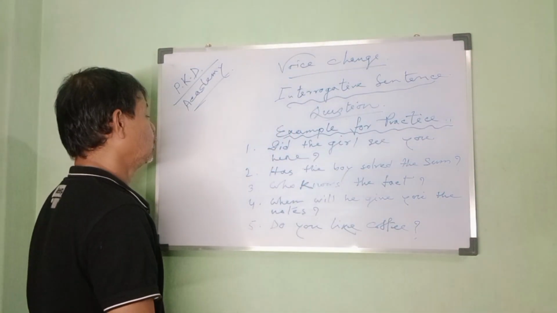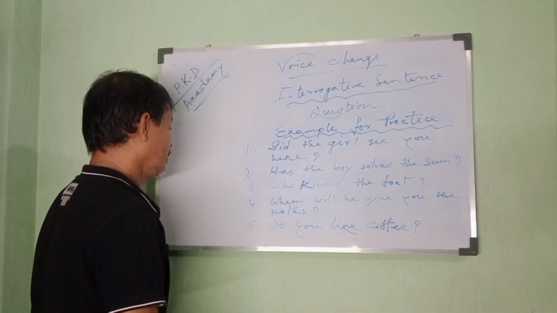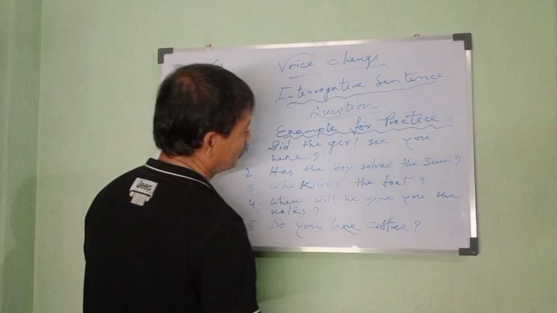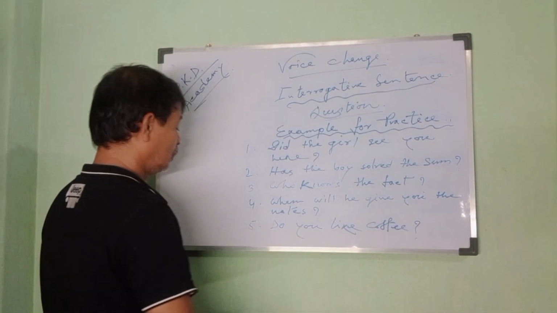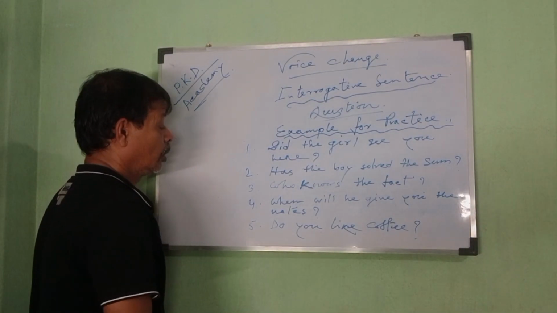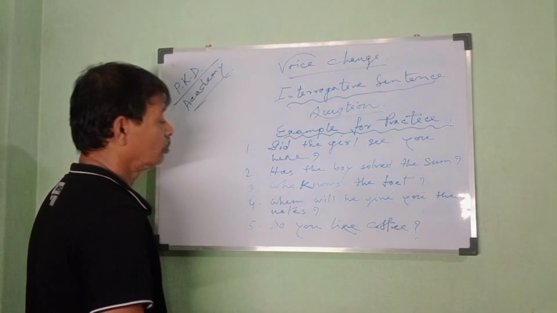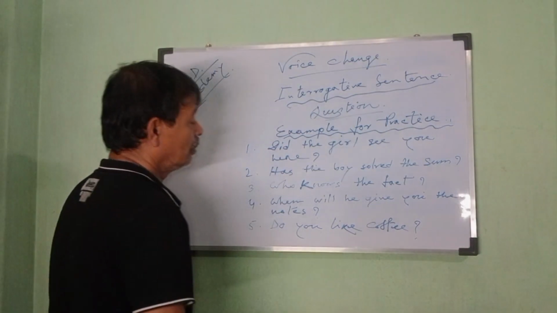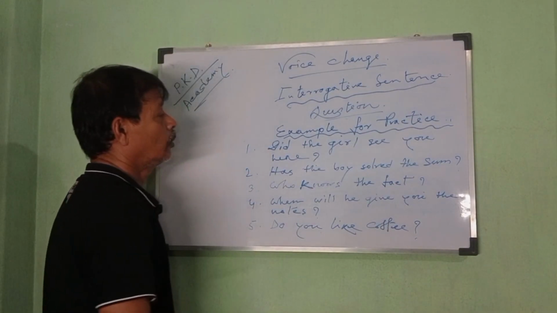Then number 2, has the boy solved the sum? Question mark. Then number 3, who knows the fact? Question marks. Number 4, when will he give you the notes? And the final one is, do you like coffee? These are from interrogative sentence. So solve it down. Is there any problem? Make the comments. We will be there to solve it out all the way.